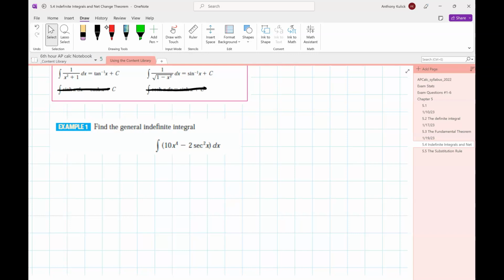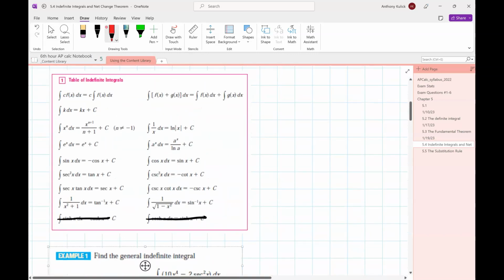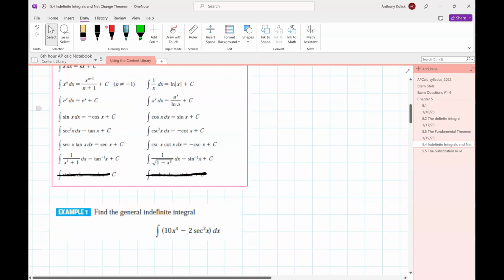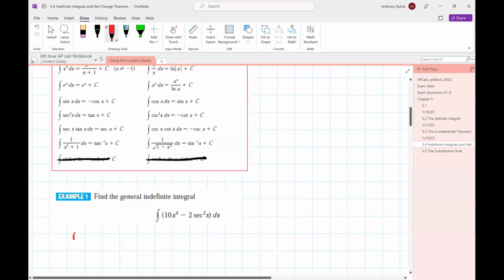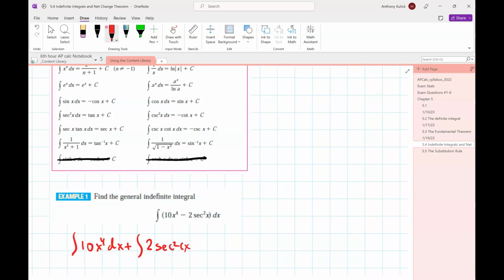So first thing I'm going to use is this property over here that allows me to distribute my integral. And notice since that entire function is in parentheses with the dx outside, there's a dx on each integral. Everybody's good there?